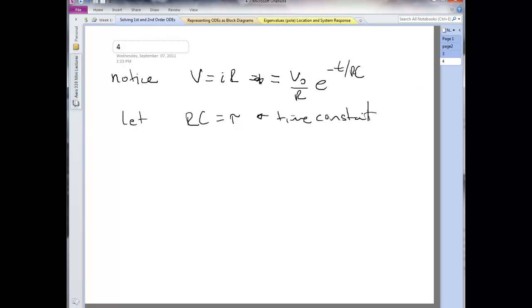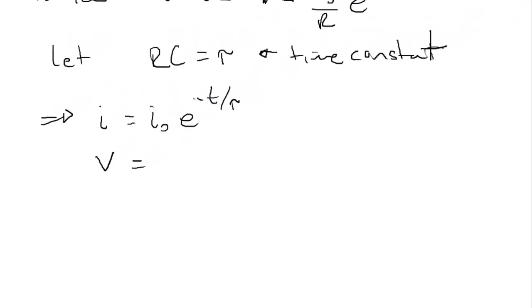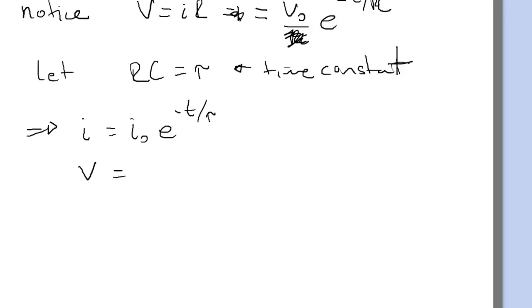Then we now have that I equals I naught e to the minus t over tau, or V is equal to V naught e to the minus t over tau.